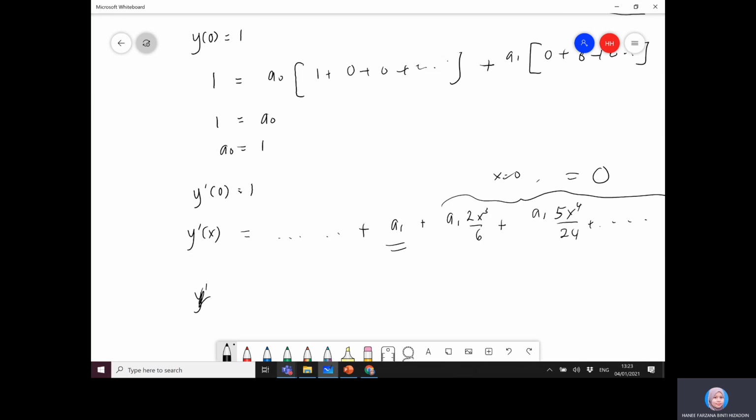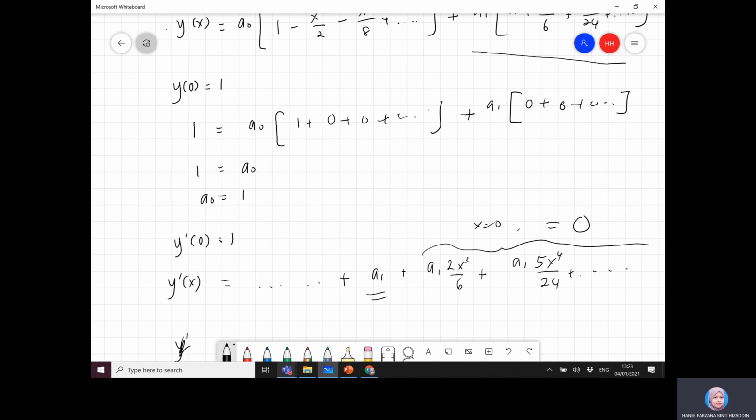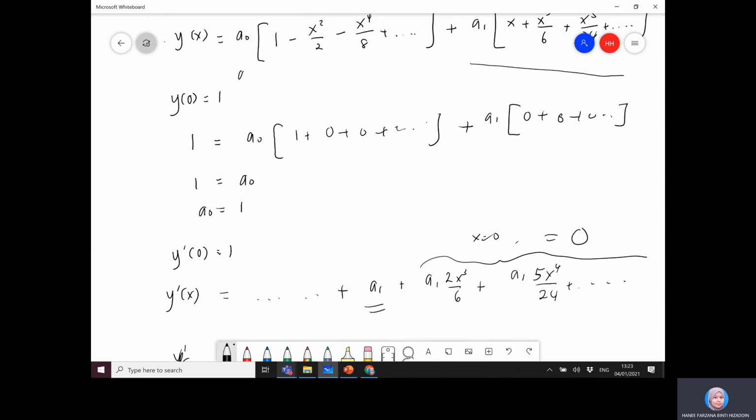Wait. Did I get this right or not? Let me just differentiate the terms with a0. So y prime, then a0 times 2x over 2, minus a0 times 4x cubed over 8, and so on.